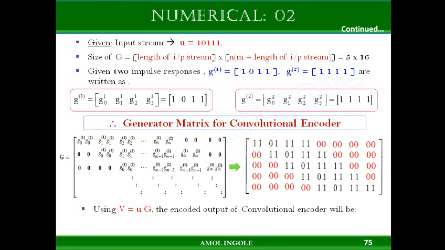The output of your convolution encoder is obtained by multiplying your input bit stream U with the generator matrix, and this is what you will get. The multiplication will be performed in modulo 2 arithmetic fashion, rows into columns.